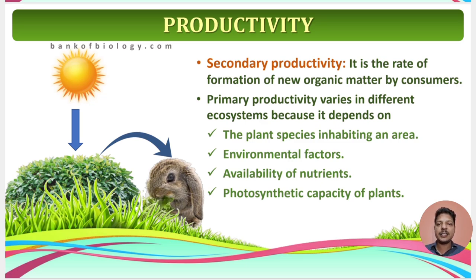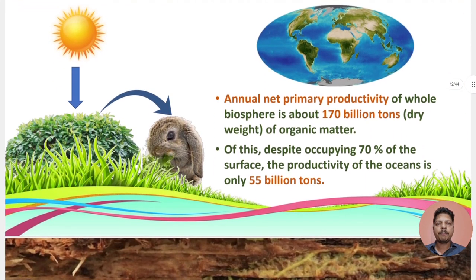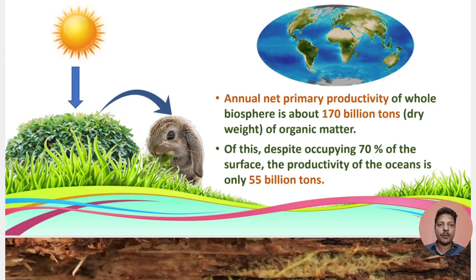Primary productivity varies in different ecosystems because it depends on the plant species inhabiting the area, environmental factors, availability of nutrients, and photosynthetic capacity of the plant. Then annual net primary productivity. Annually, all the plants of the earth produce about 170 billion tons of organic matter, that is dry weight.